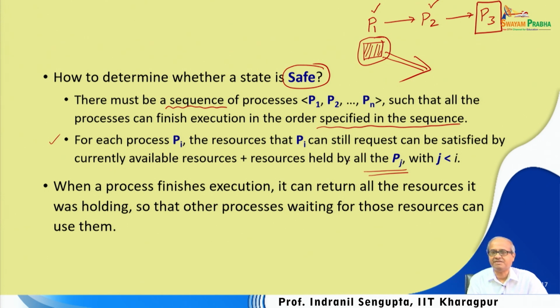That is what is mentioned here. So, whatever request Pi has made can be satisfied by whatever is currently available in the system, plus all the resources released by the previous processes Pj in the sequence, for all j less than i. This is the idea for checking whether a state is safe or not.